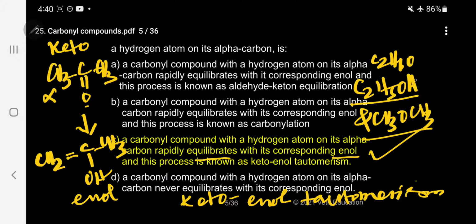The boiling point of ethyl alcohol is 78.3, whereas ether is only minus 56. Then chemical properties: ethyl alcohol reacts with sodium, whereas the ether is chemically inert, no reaction. So physically different, chemically different, but the same molecular formula C2H6O. These are isomers, and this phenomenon is called isomerism.